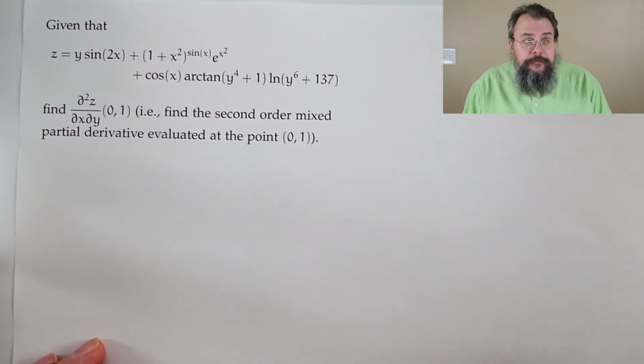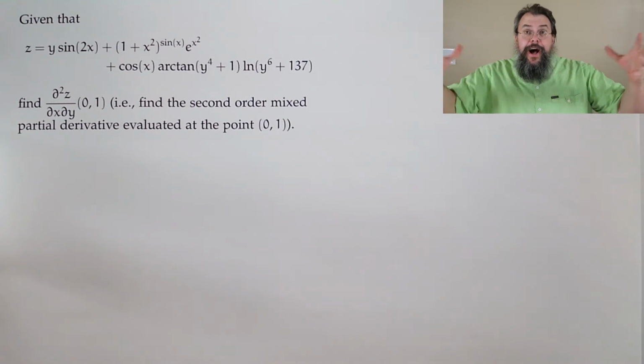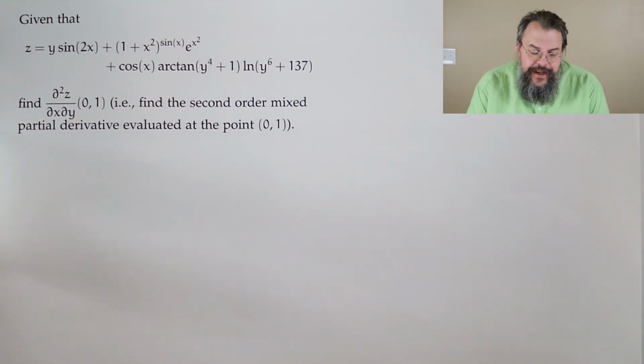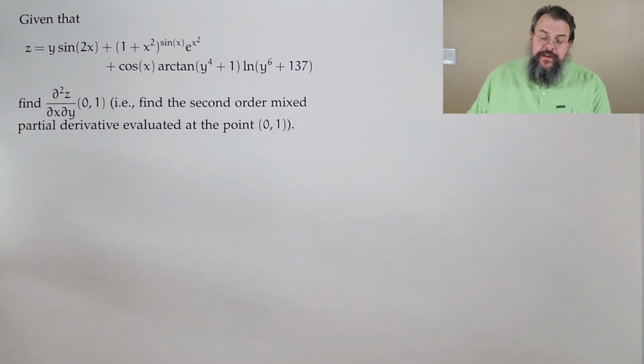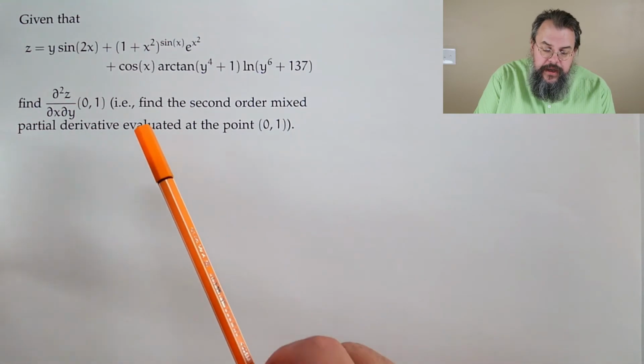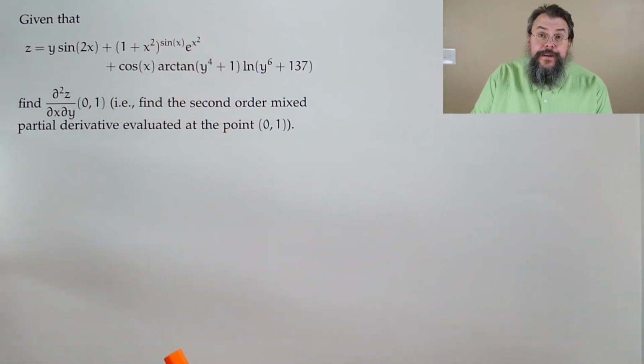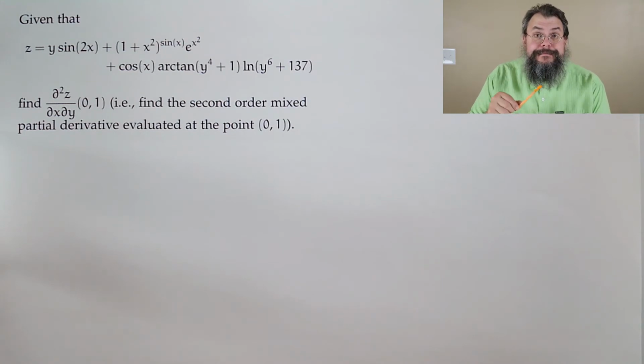So here we go. Given that z equals, okay, so there's a lot of stuff here. Let's think about what we have. We have y sine of 2x, seems okay. 1 plus x squared to the power sine of x times e to the x squared, which seems really like, ugh.